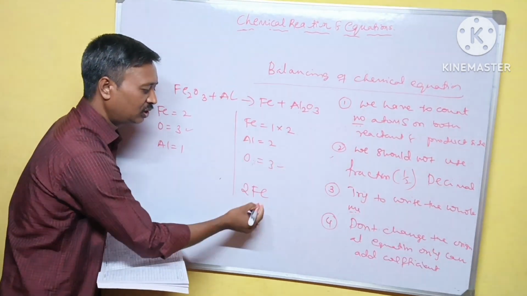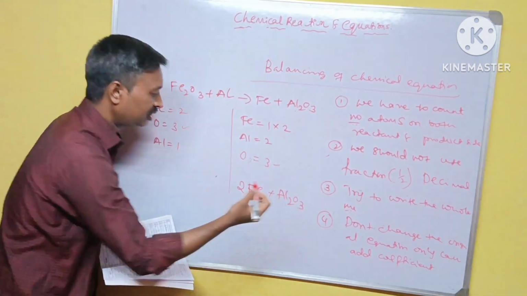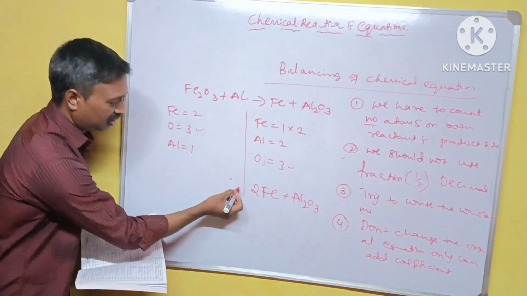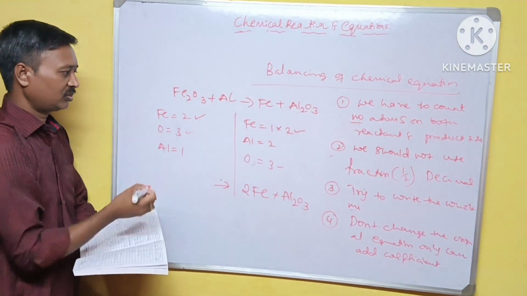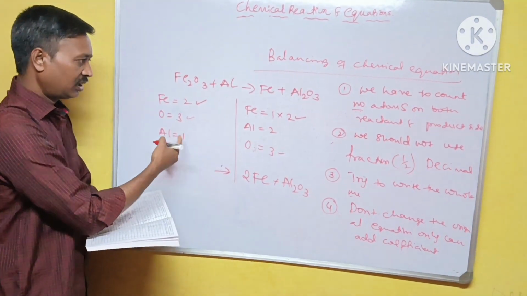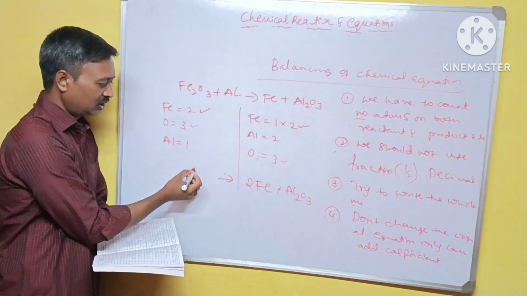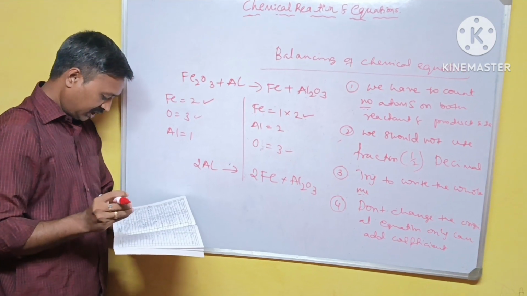Multiply the Fe with 2 plus Al2O3. Correct? Now Fe becomes 2. Iron balanced, oxygen balanced. Then what do we have to balance? Aluminium. Put 2 in front of Al.